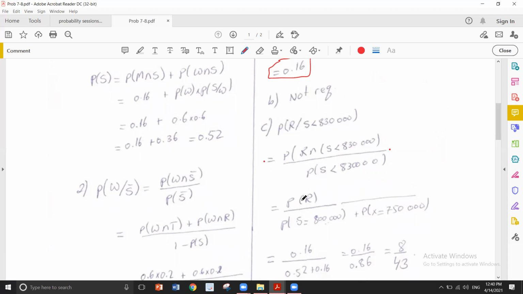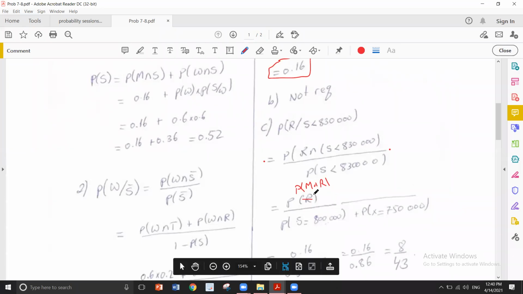Here it must be not R; we want man, M intersection R. And S less than 830,000 is the probability of X equals 800,000 plus the probability of X equals 750,000, which could be 800,000 or 750,000.